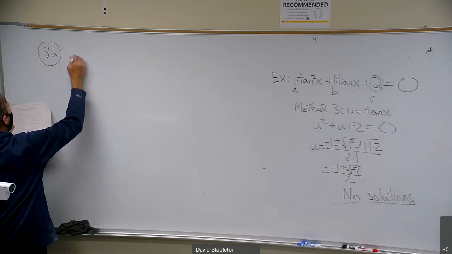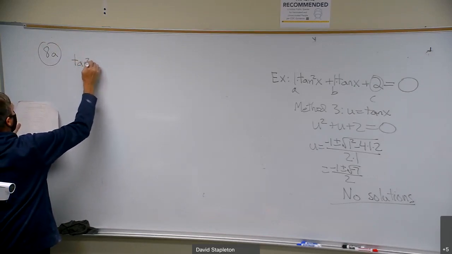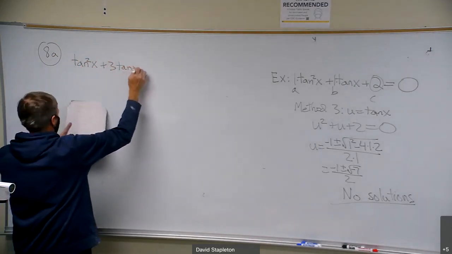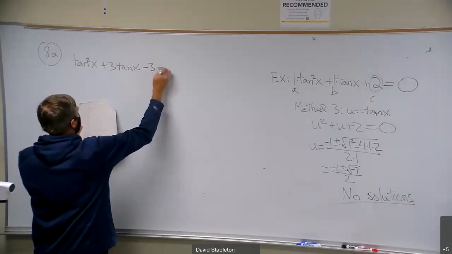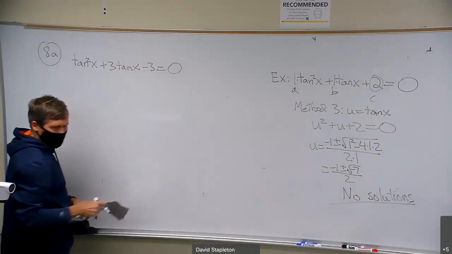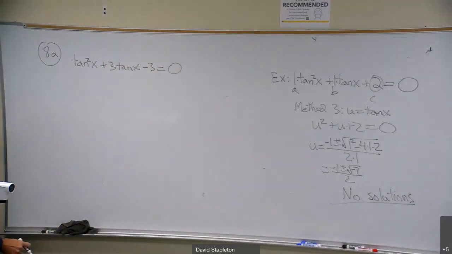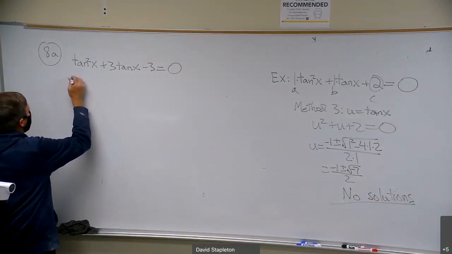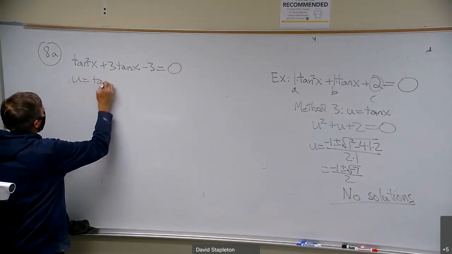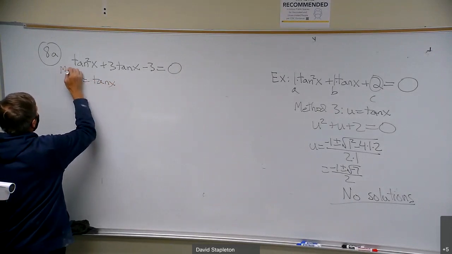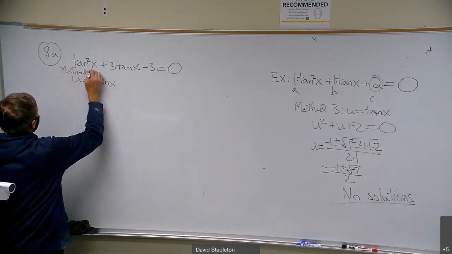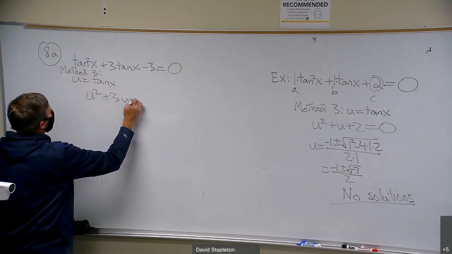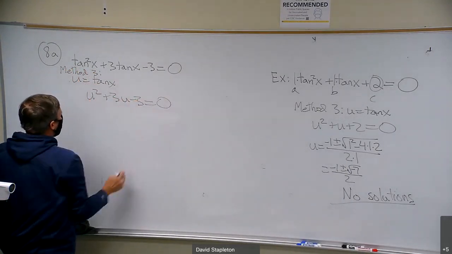Suppose I have tangent squared x plus 3 tangent x minus 3 equals 0. When you try this one, it's kind of tricky. That's a quadratic equation in a trig function, so I rewrite it equivalently with u equals tangent x. Again, method 3 if you like, to make it a quadratic equation, u squared plus 3u minus 3 equals 0.